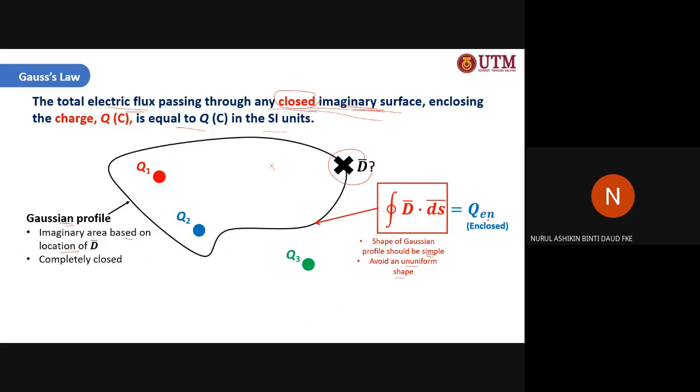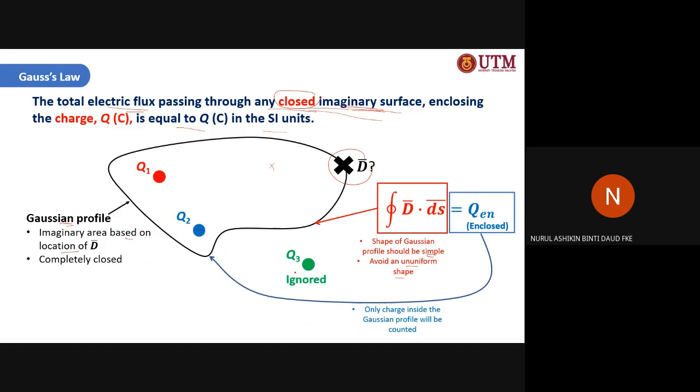And this Q enclosed, what does that mean? It means that the Q you will consider is the one contained inside this Gaussian surface. So in this diagram, should you consider Q3? Yes or no? No, you shouldn't. You should ignore Q3 because it is located outside the Gaussian profile. So this Q will not be counted in your calculation.